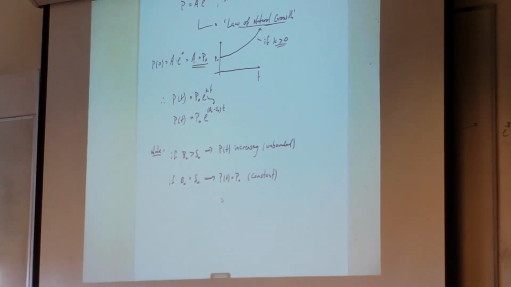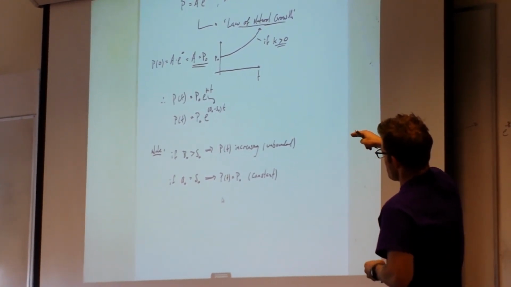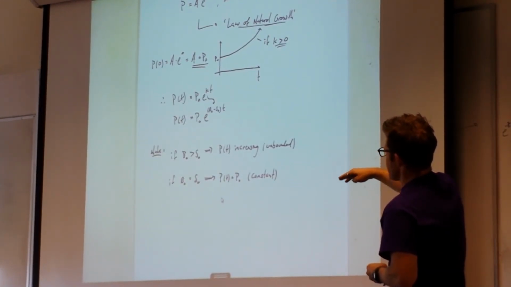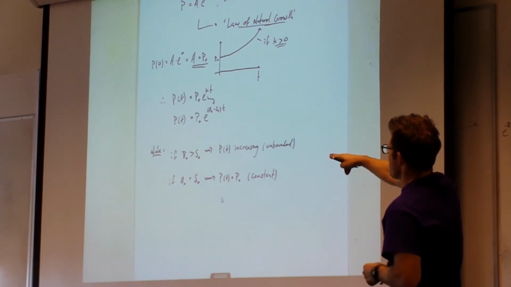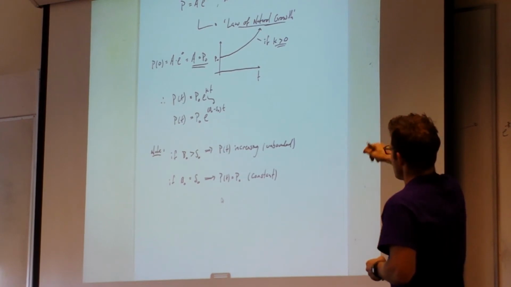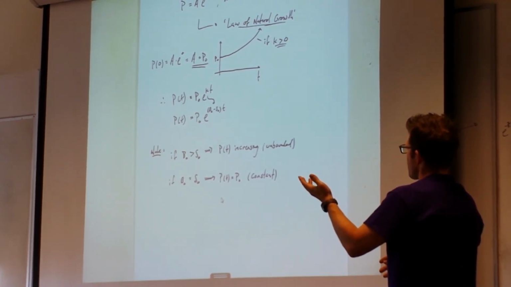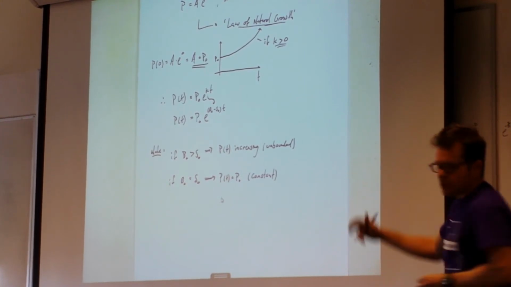Like we talked about the second day, a population model, and this is a simplistic one, but it should obey some basic requirements. If the birth rate is larger than the death rate, then our population is going to be increasing. If they're the same, every birth replaces one death in the population, then the population would remain constant.